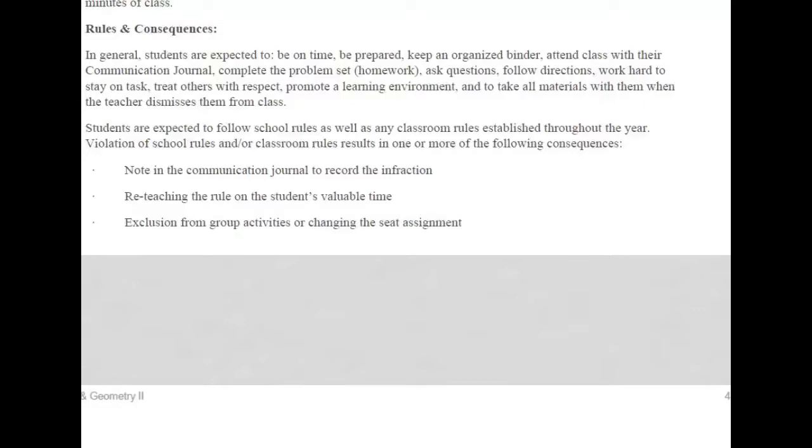And again, if you are not following these basic rules, in addition to losing your participation point, there could be other consequences as well. For example, potentially, there may be a note in the CJ. You may be subject to reteaching the rule on your time. You may be excluded from group activities. Maybe your seat might be changed.